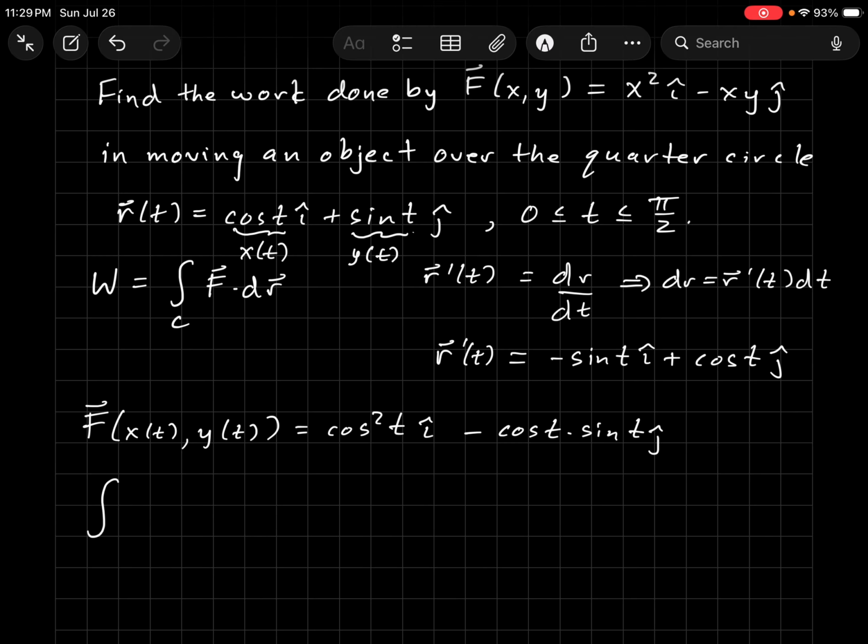And then if we integrate over our curve, so from t equals 0 to pi over 2, because we have parameterized it, we want to do F dot dr. So it's going to be the dot product of F with r prime, which would be cosine squared times negative sine, so negative cosine squared t sine t, and then negative cosine t sine t times cosine t, so another negative cosine squared t sine t, and then dt.